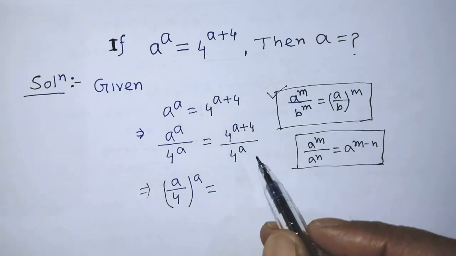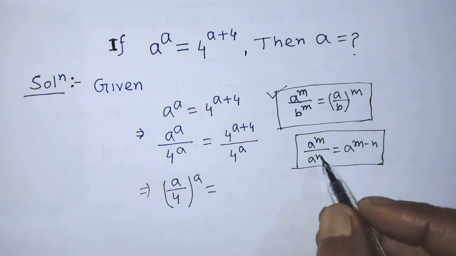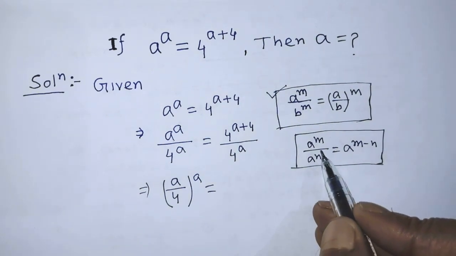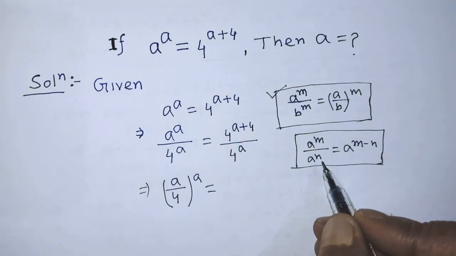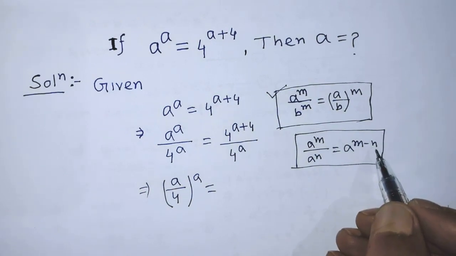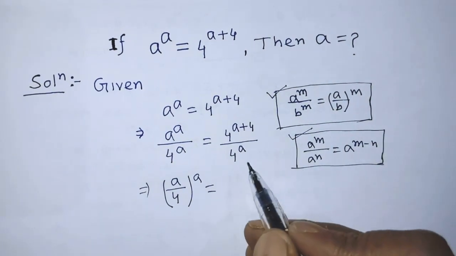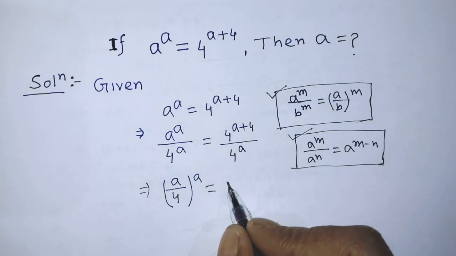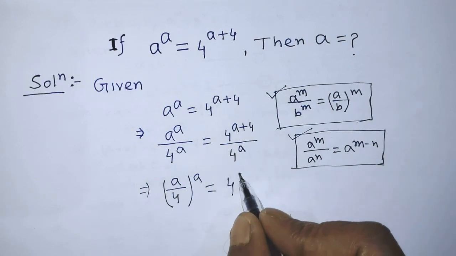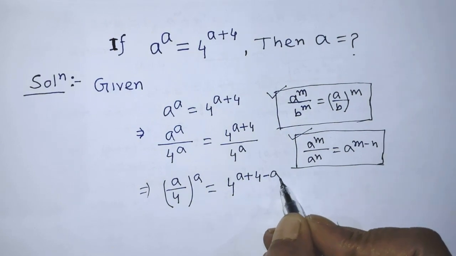To simplify the right hand side we have to apply the formula a to the power m over a to the power n is equal to a to the power m minus n. According to this formula we can write on the right hand side 4 to the power a plus 4 minus a.